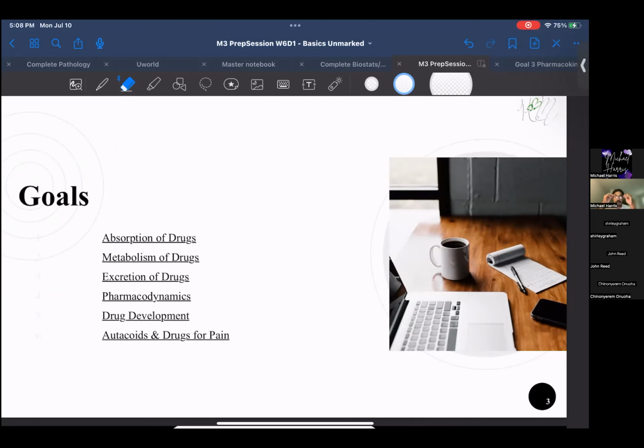That's the big thing right now with weight loss, the semaglutide. It's a GLP-1 agonist.